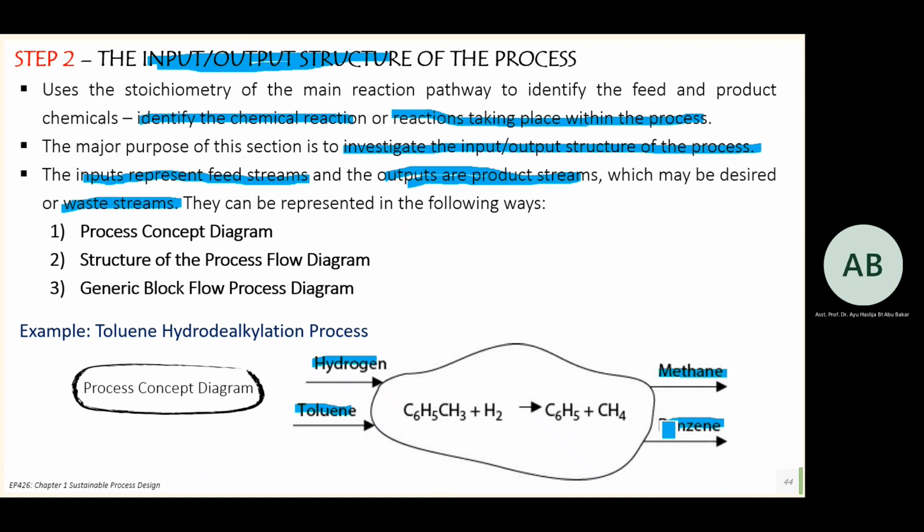So, what is the reaction occur to produce your output? Let's say for urea production, your input, hydrogen, nitrogen, reaction occur inside, then urea, your product. Okay.